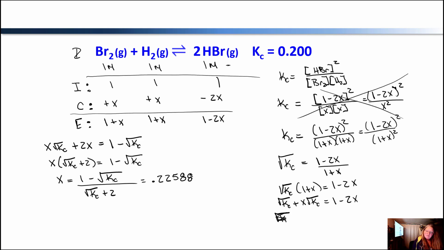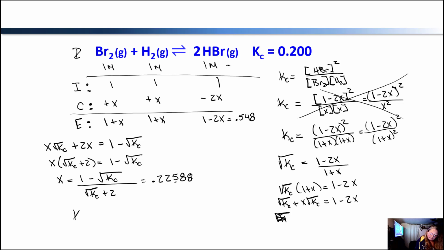All right, we have 3 sig figs, I think, on everything. So it'll be out to 3 sig figs is my x. So I'm going to end up with 1.226 and 1.226 and 1 minus. So at equilibrium, we'll have 1 minus 2 times this. So my equilibrium concentration here is going to be 0.548. So let's check it out.